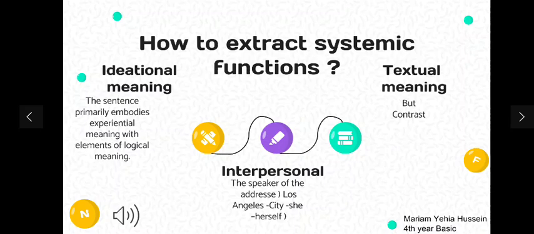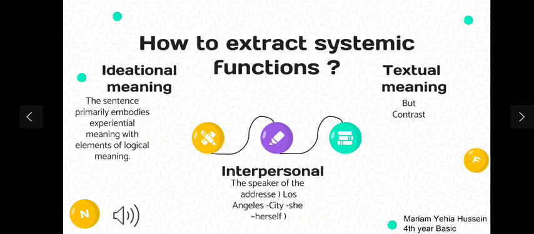The next level is to address the speaker or the persona of the sentence. The interpersonal meaning of the sentence is obvious, which is Los Angeles, and we refer to it as city, or we can also refer to it with the pronouns she and herself. The last meaning we will extract is the textual meaning.